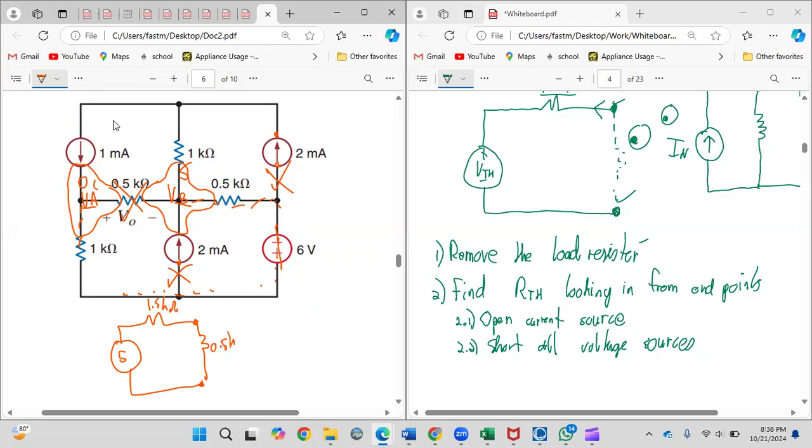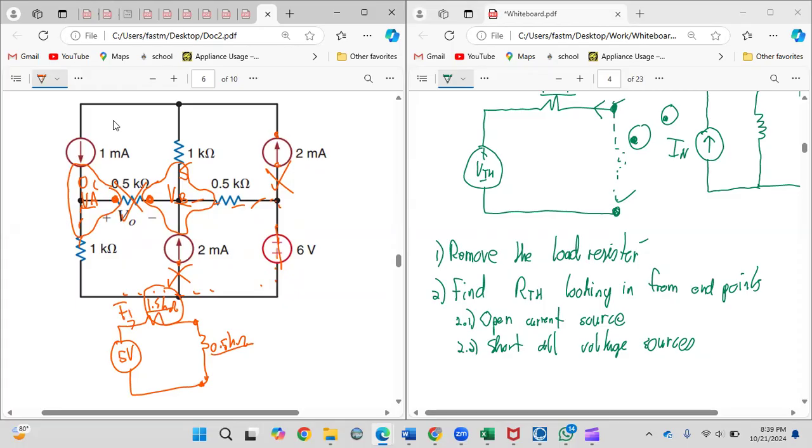So by doing this, you just reduce the whole circuit into an equivalent resistance and a voltage. This voltage here is basically the voltage that the component will see when you put it in, right? And now if you want to know the VO here, all you have to do, you have a voltage, you have two resistances, so you can get the current.